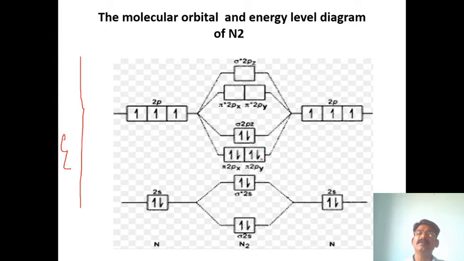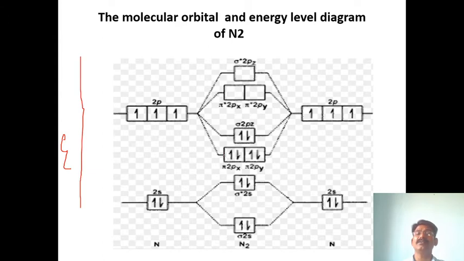Here 4 electrons: pi 2px containing 2 electrons and pi 2py containing 2 electrons. This is the lower energy level than sigma 2pz. For 2pz, one electron comes from the 2pz orbital of one nitrogen atom and one electron from the 2pz of the other nitrogen atom, occupying sigma 2pz.